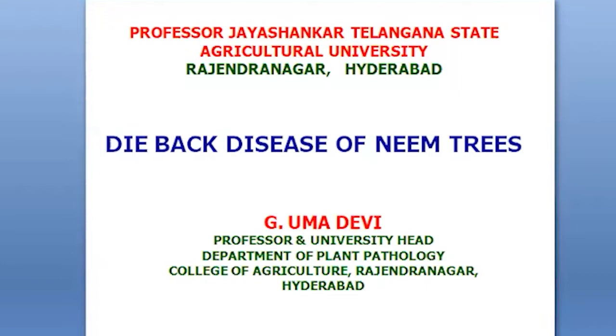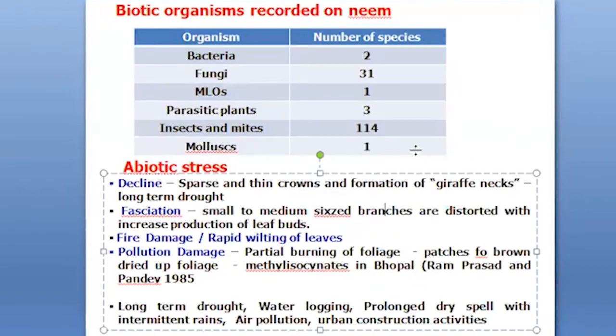Neem is affected by both biotic as well as abiotic stresses. Almost around 150 organisms are known to be associated as biotic organisms. Whereas in the abiotic stresses, we have decline and fasciation.